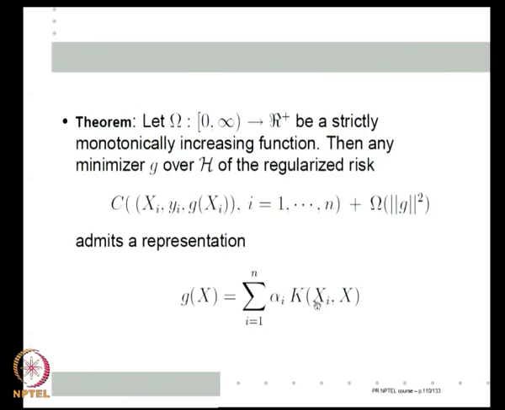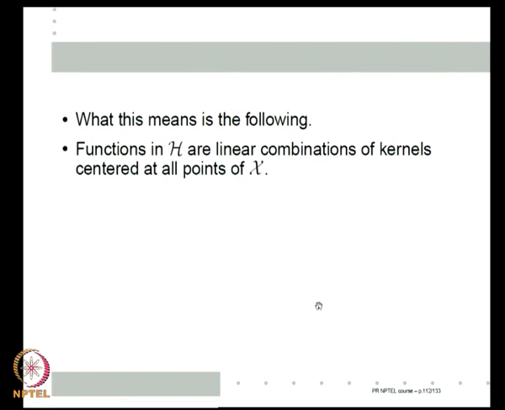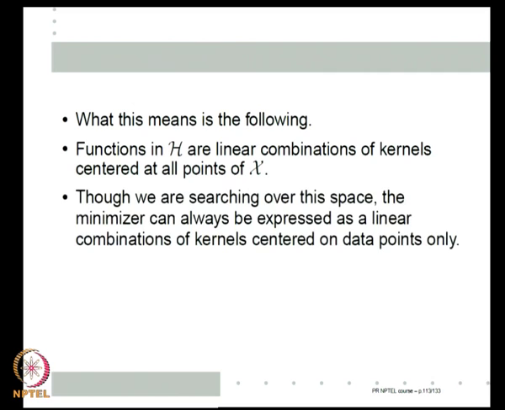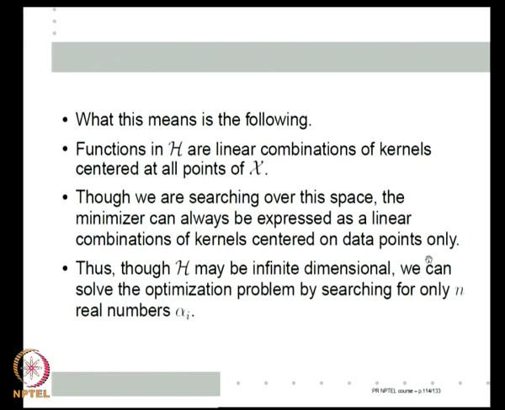Okay. Let us see what it means. Functions in H are linear combinations of kernels centered at all points of X. There may be uncountably infinitely many points in X, so that many functions are there in H. Though we are searching over the space, the minimizer can always be expressed as a linear combination of kernels centered at data points only, and there are only finitely many data points.